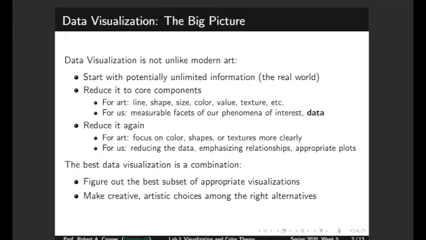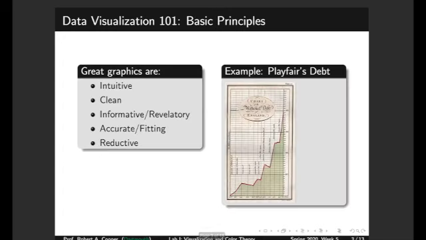The best visualization is both scientific and artistic. You want to make the best of a subset of appropriate visualizations, and there are right alternatives. There's never one true right answer necessarily, but there is a subset of right answers and a subset of wrong answers when it comes to what choices you make for a visualization.